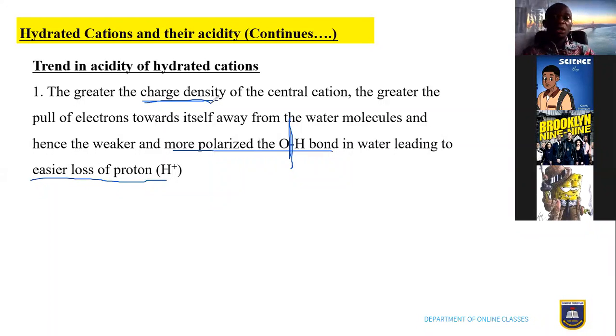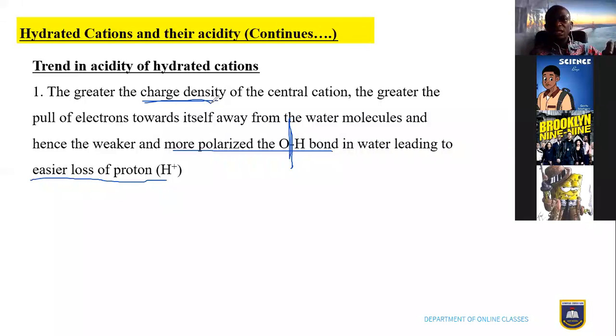From that formula, you can see that the charge density is directly proportional to the charge, so the higher the charge, the higher the charge density. And it is inversely proportional to the size of the ion, so the bigger the size of the ion, the smaller the charge density, or the smaller the size of the ion, the bigger the charge density.